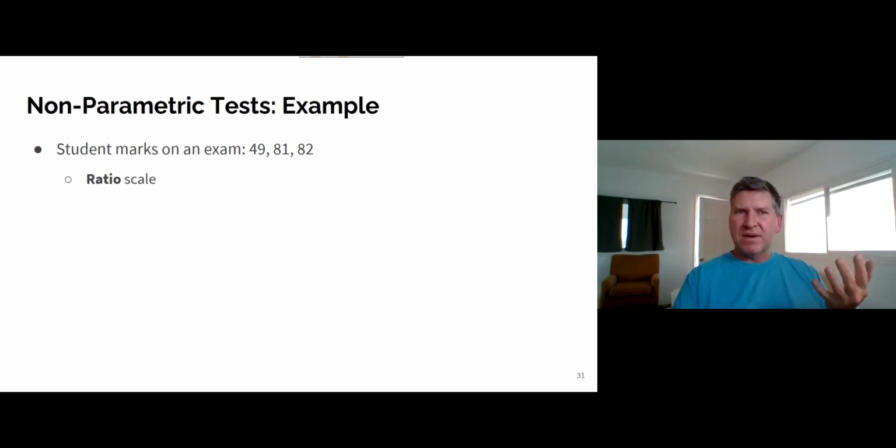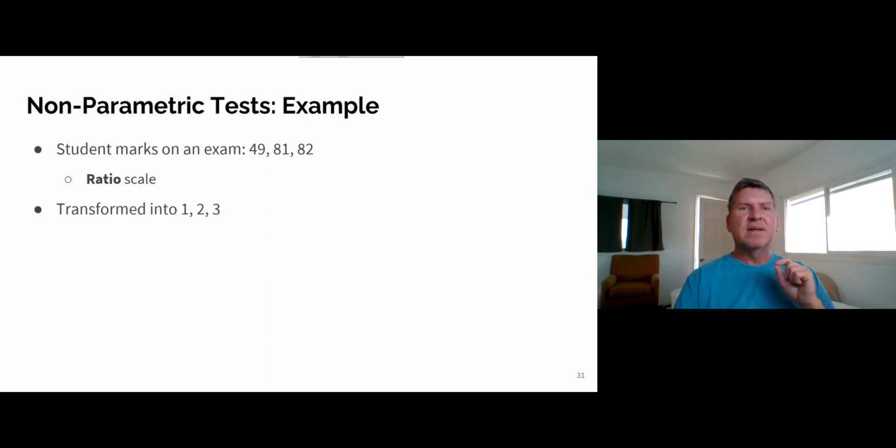There's an absolute zero, right? People can't get a negative score on the exam, let's just assume. So this would be a ratio scale. It makes sense to say if somebody got an 82 versus somebody getting a 41, the person who got an 82, assuming it's a 100-point scale, got twice as good of a score as the person who scored 41.